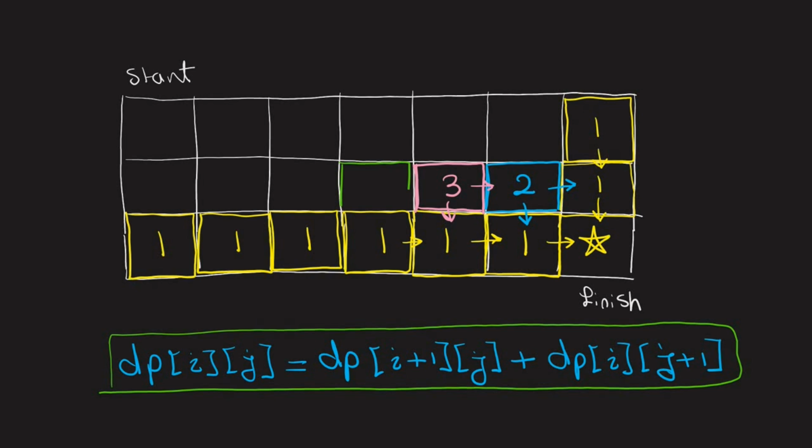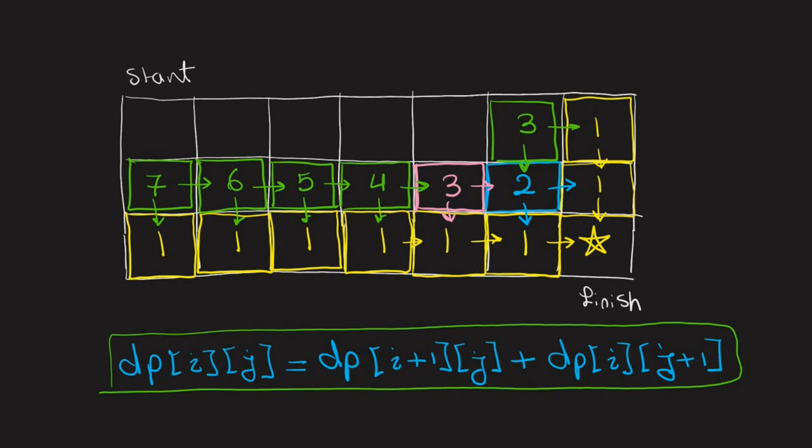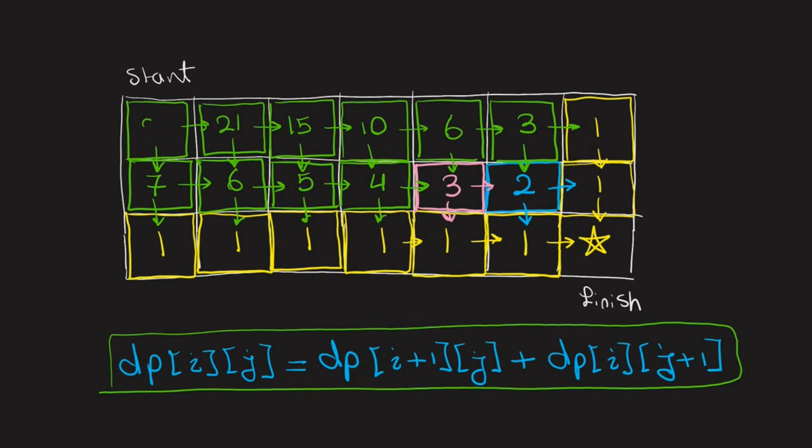So we could say 3, 1, summation is 4. 4, 1, summation is 5. 5, 1, summation is 6. 6, 1, summation is 7. 1, 2, summation is 3. 3, 3, summation is 6. 6, 4, summation is 10. 10, 5, summation is 15. 15 plus 6, summation is 21, and the last cell, 21 plus 7 is 28.